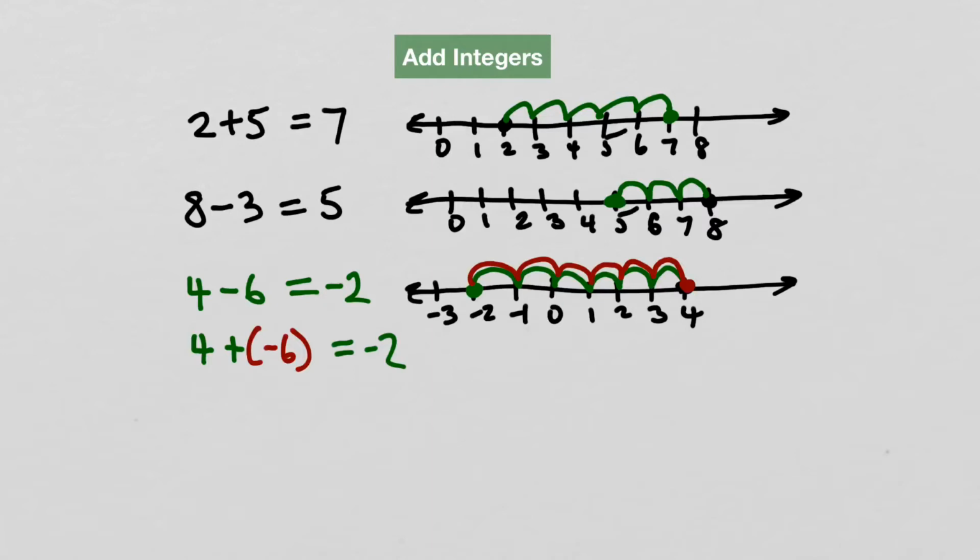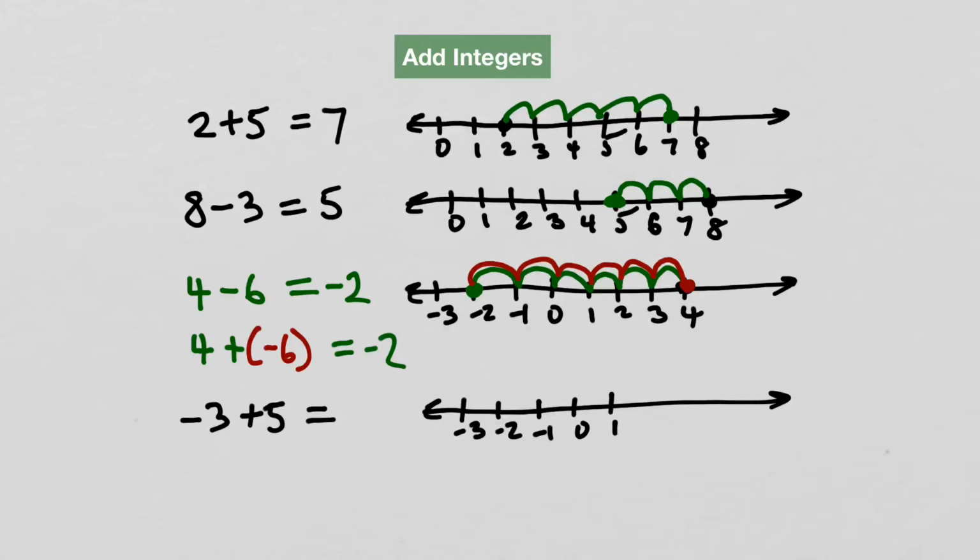So let's add another variation. Let's say you've got negative 3 plus 5. What does that equal to? I'm going to use the number line again. I'm going to start at negative 3, negative 2, negative 1, 0, 1, 2, 3.